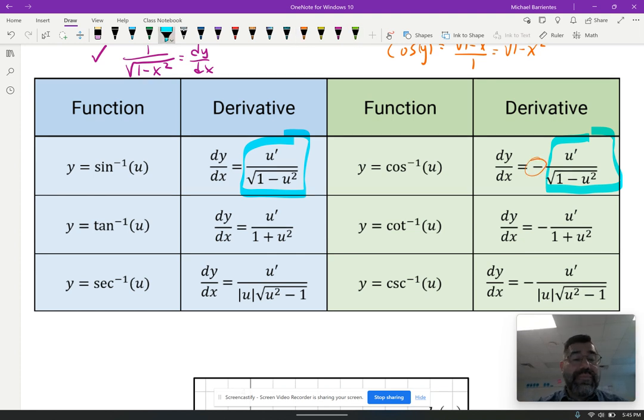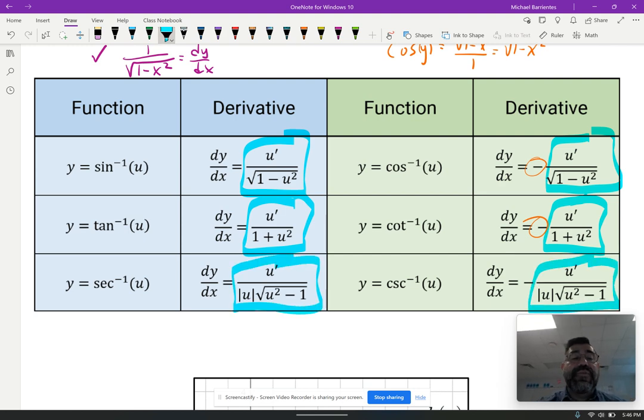And when you memorize the derivative formula for tangent inverse, this is the formula, because the derivative of cotangent inverse is the same thing, except there's a negative. And then finally, similarly, for secant, this is the same secant formula for cosecant, except there's a negative. So if you memorize everything in the blue columns, the ones in the green columns are similar setups, except they're all negative. They're all opposites. And that's how we figure that out.